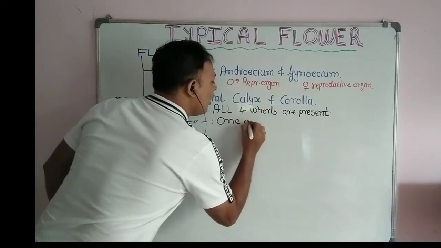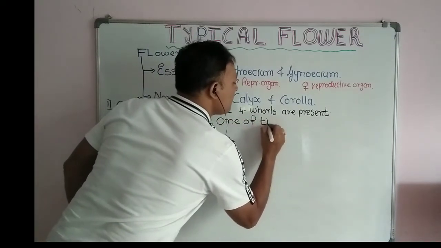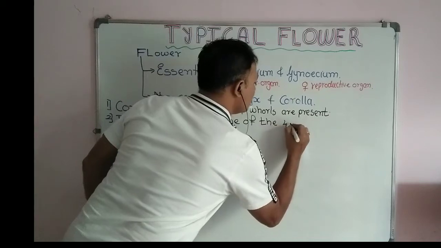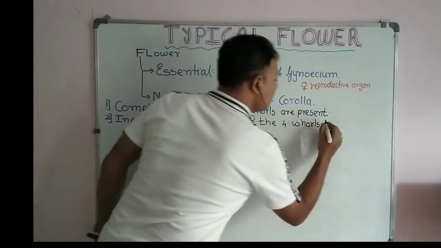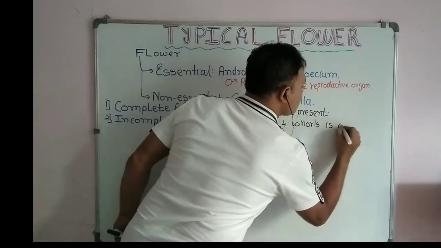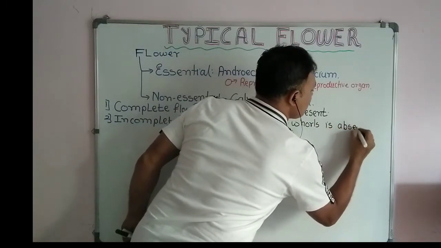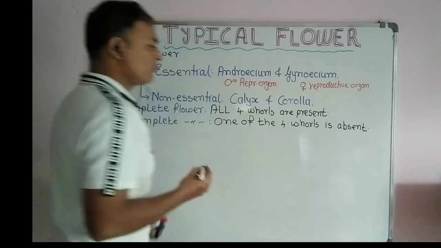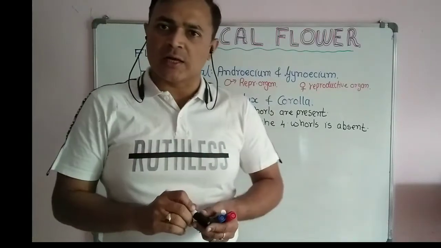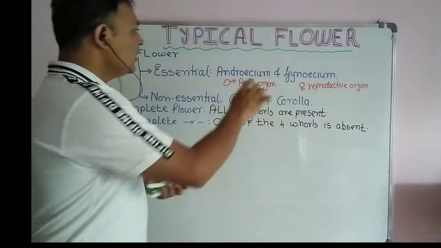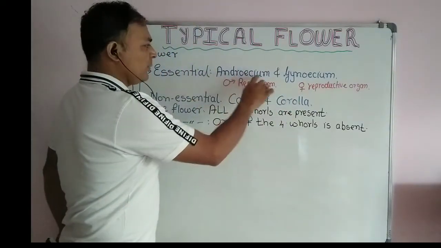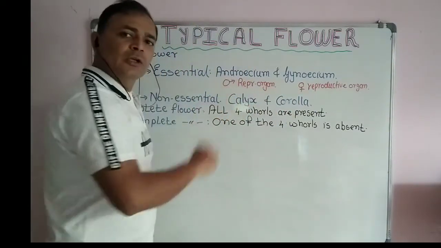One of the 4 whorls is absent. Means all the 4 whorls are not present. One whorl is absent. It could be one from essential or it could be from non-essential.